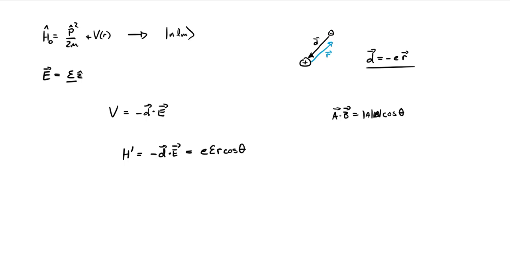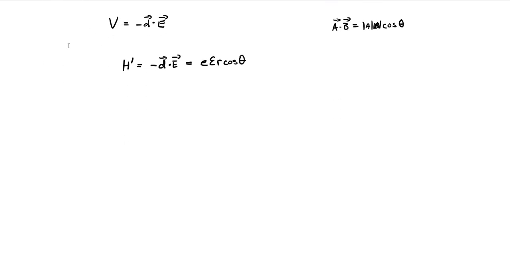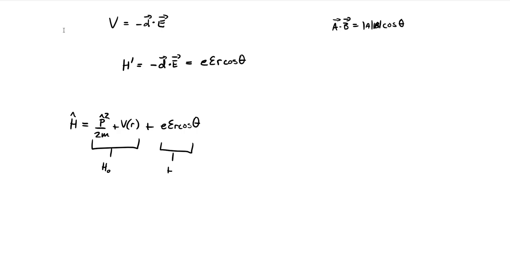So we can now write our full system Hamiltonian for our hydrogen atom in an electric field as this, where this is our unperturbed Hamiltonian, the hydrogen Hamiltonian that we've solved, and this is our perturbation Hamiltonian.